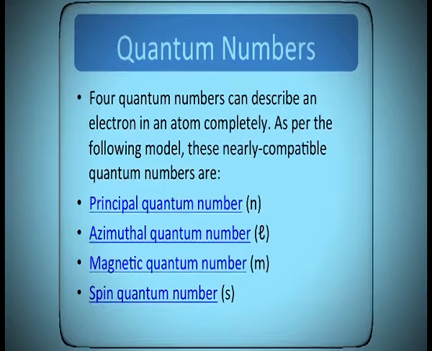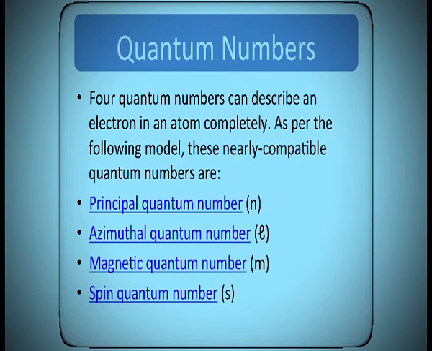On solving the Schrödinger wave equation for hydrogen atom, we get a number of wave functions which are characterized by three quantum numbers, say principal quantum number, azimuthal quantum number, magnetic quantum number. There is another quantum number we will discuss later on.